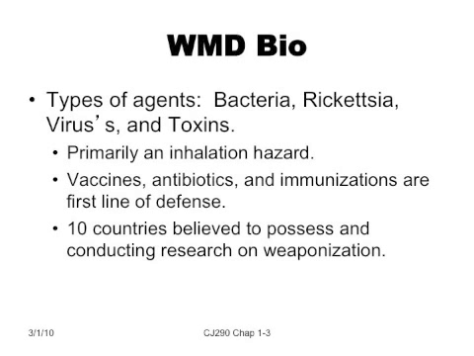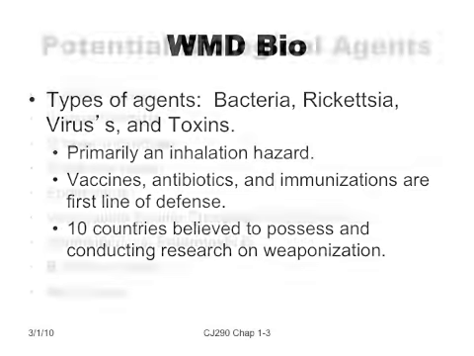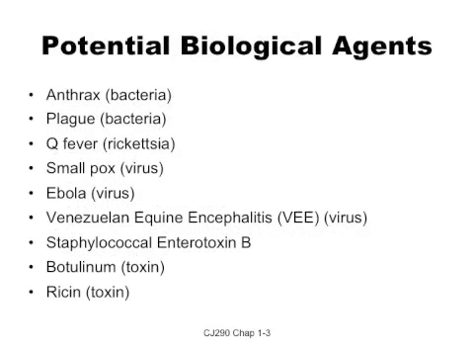Now, with that, you have to realize that 10 countries are believed to possess weaponized forms of biological agents and are conducting research. So this stuff is out there. And there's all different kinds. You've got anthrax, which is a bacteria, plague, which, there is plague here in America naturally, Q fever, which is a rickettsia.